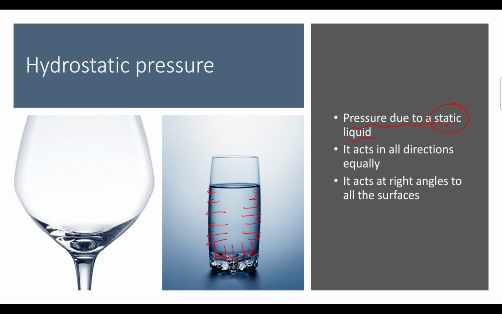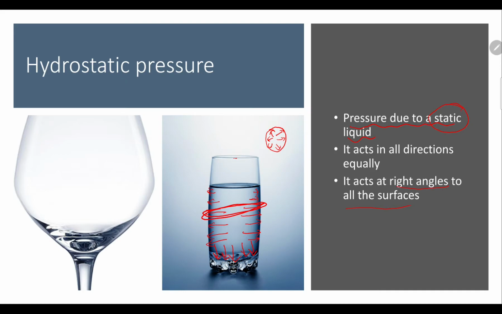What it means is that if I'm looking at the top view of this circle, of the rim, the pressure at one point, this level, is going to be the same in all directions, otherwise the magnitude is going to be the same at the same level. And it says that it acts at right angles to all the surfaces.